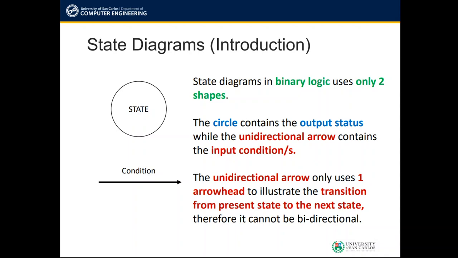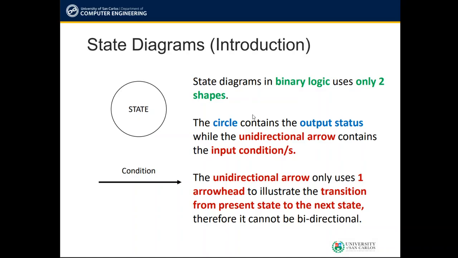Alternatively, we can also draw state diagrams here. So what is a state diagram? A state diagram in binary logic uses only two shapes, the circle and the unidirectional arrow.